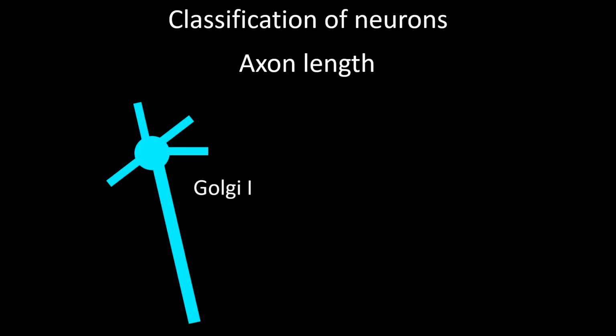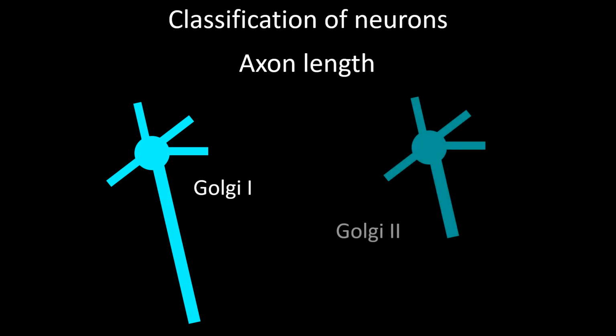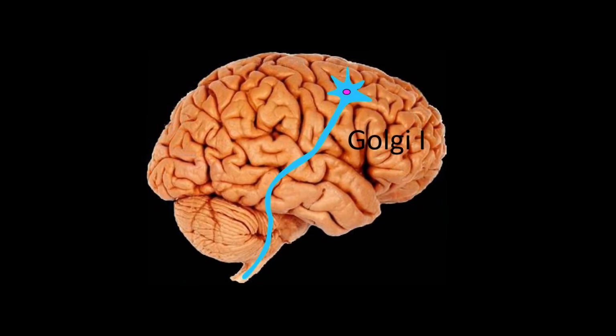Golgi type 1 have long axons, Golgi type 2 short axons. Neurons that form the cortex that projects to the spinal cord are Golgi type 1. Those that connect neurons within a hemisphere are called Golgi type 2.